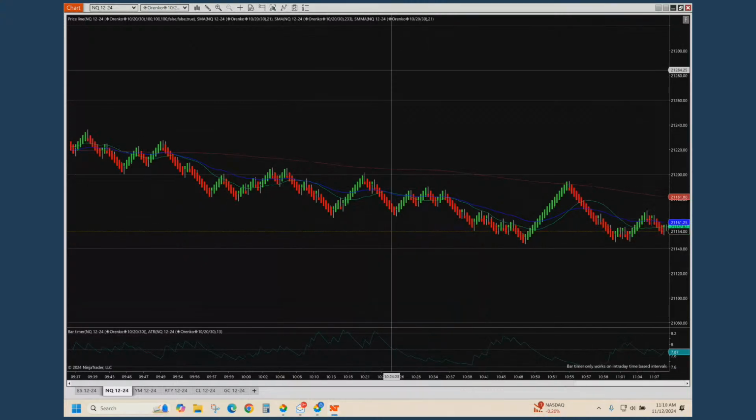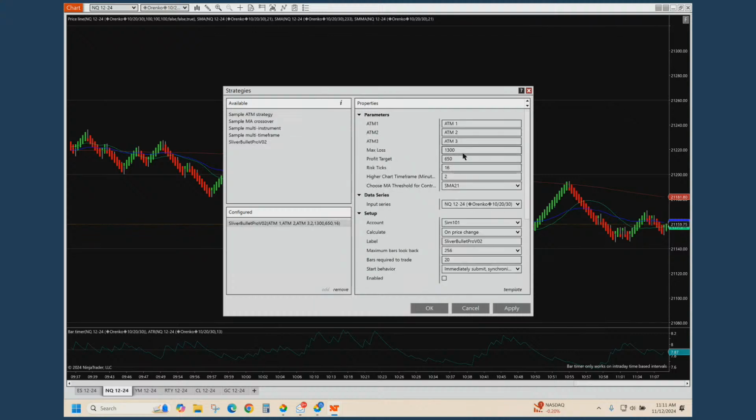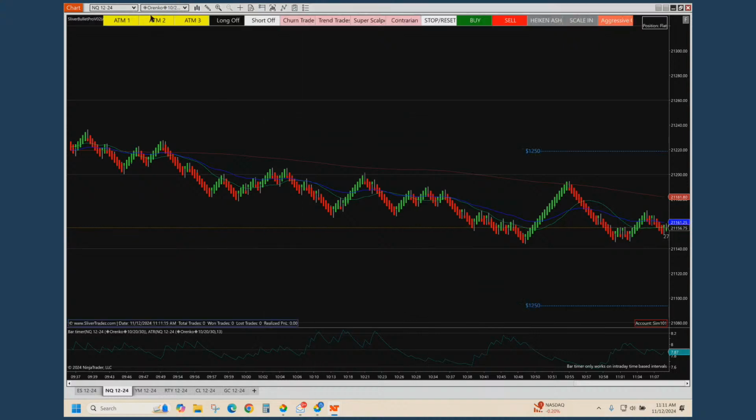All right. Market overall has been trending down today. Now it's sideways. Let me start Sliver Bullet Pro trading software and let's see what the market does here.